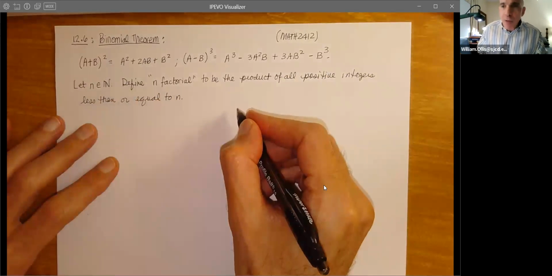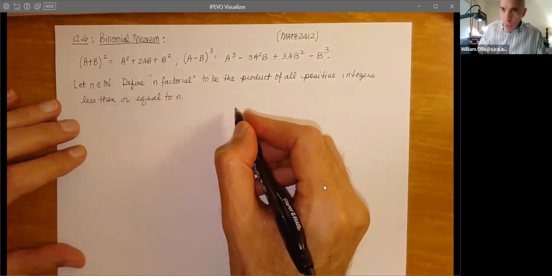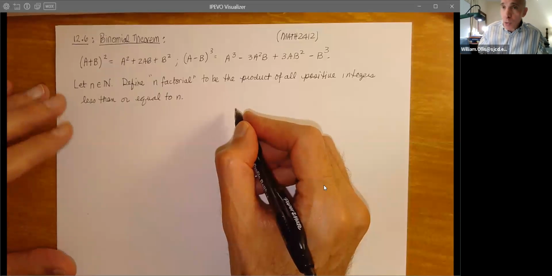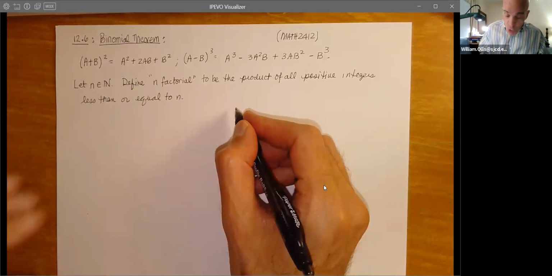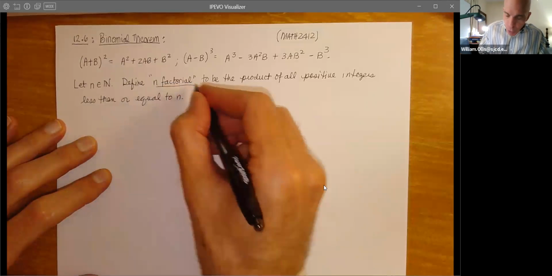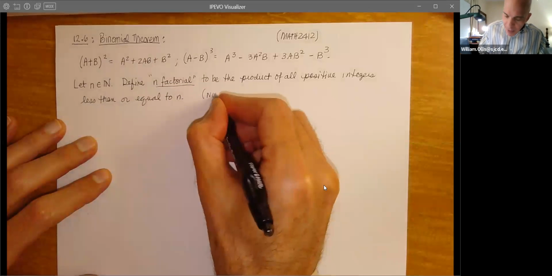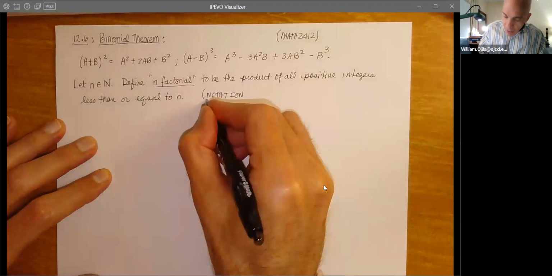So I know you've seen this before if you've done some elementary counting arguments in probability or some type of elementary combinatorial arguments, you've seen the factorial function. So the thing is that we don't often write n factorial. The notation looks like this, and it's kind of odd, but I'll certainly be using it a lot today.